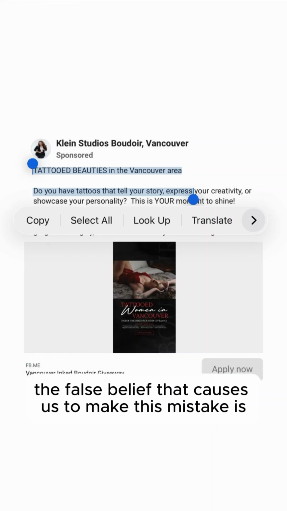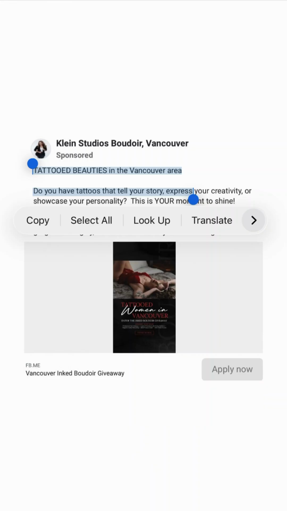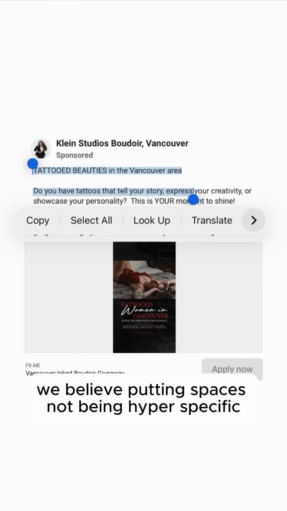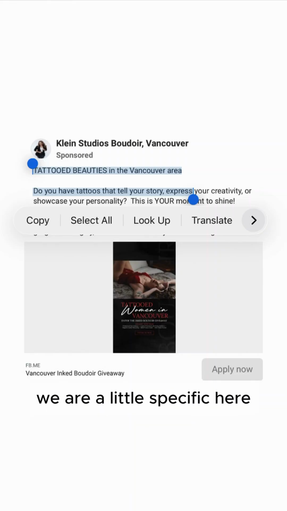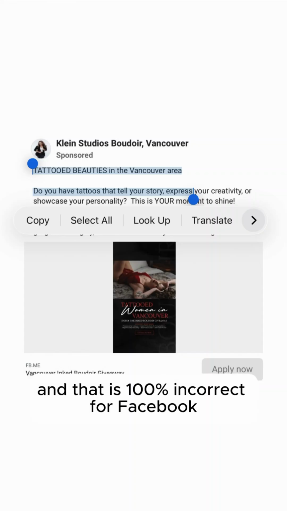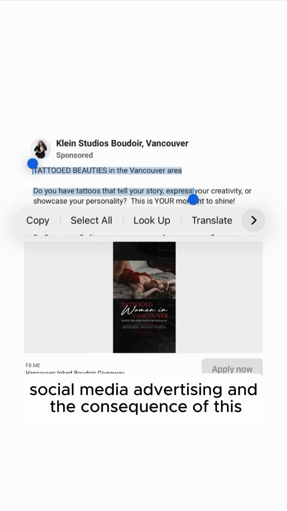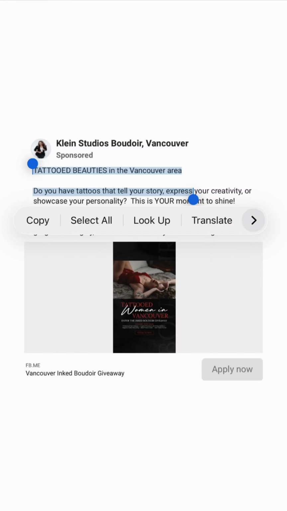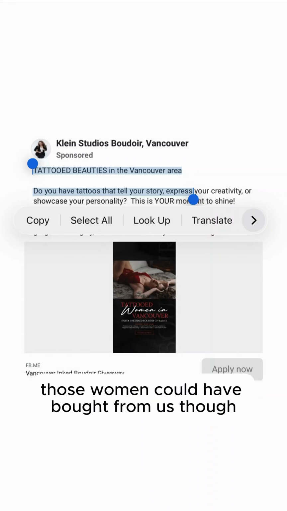The false belief that caused this mistake is that not being hyper specific about who we're speaking to is the number one way to bring in clients. We are a little specific here, but that belief is 100% incorrect for Facebook social media advertising. The consequence is that way more women who could be the perfect fit for our ad are scrolling right on by. Our ad is never entering their brain. Those women could have bought from us though.